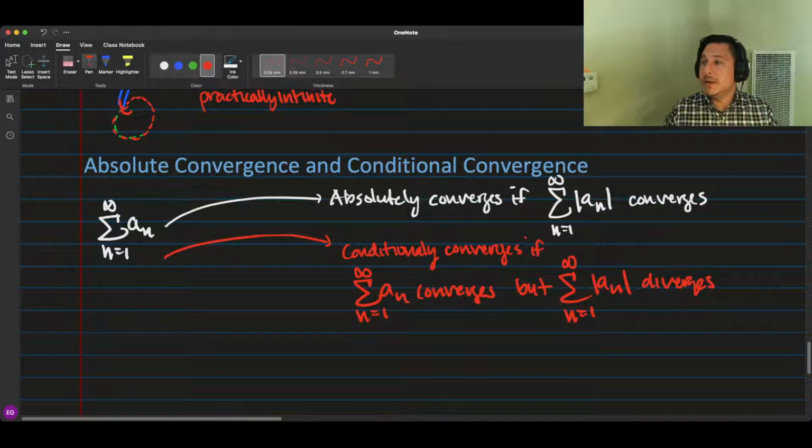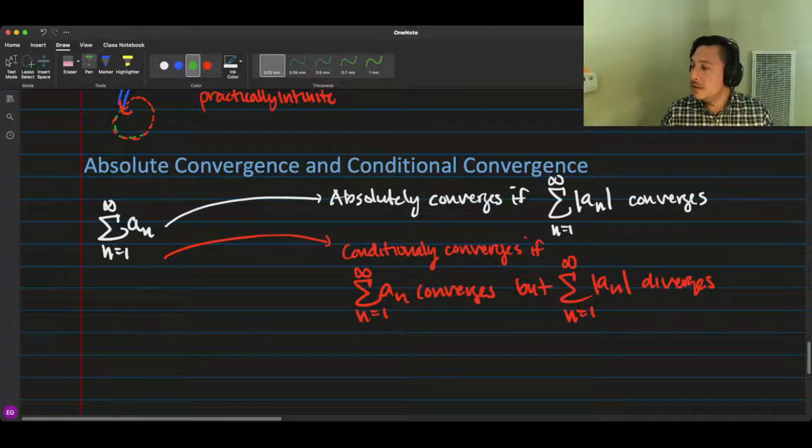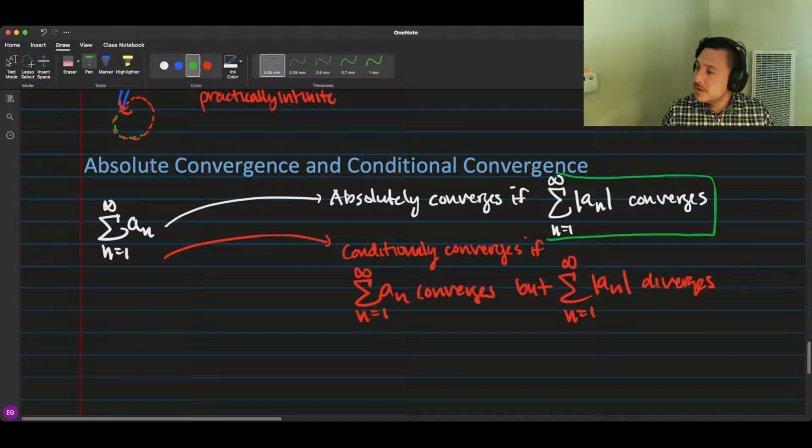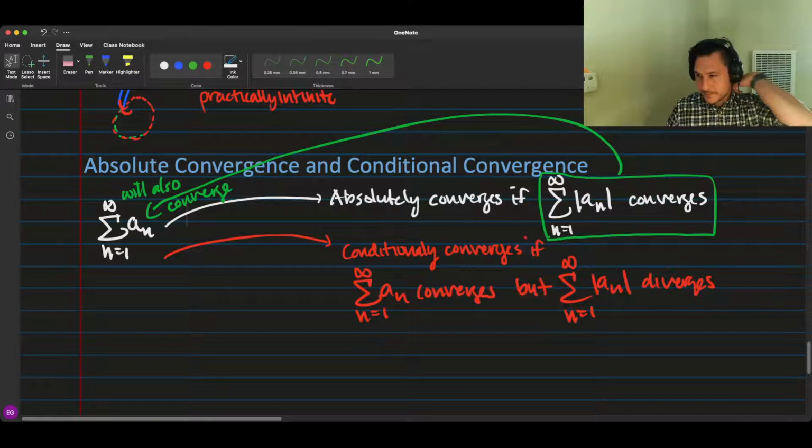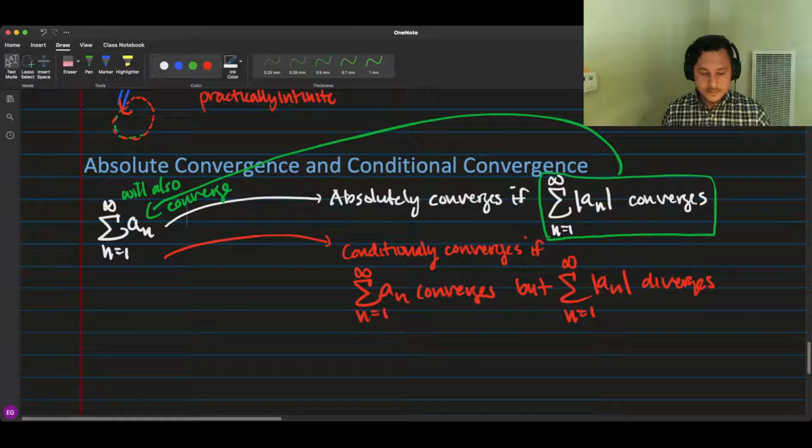Important to know: if the absolute value of the terms converges, then the original series will have to converge. We'll look at some examples.